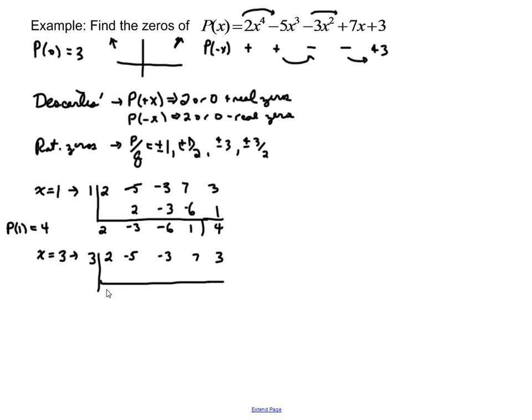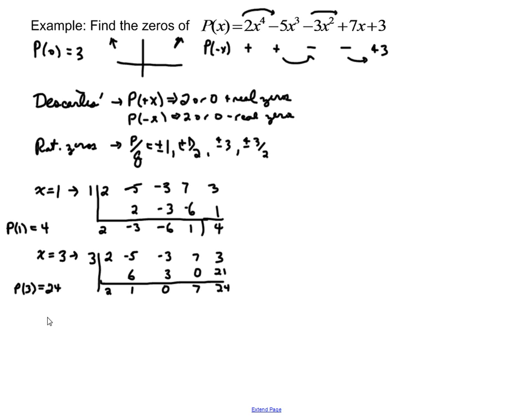Look at my synthetic division remainder. 2, this is 6, this is 1, this is 3, this is 0, 0, 7, 7 times 3 is 21, 21 and 3 is 24. That's not very helpful right here. But we do know that p of 3 is equal to 24. So it doesn't appear like we're getting many results on the positive side.